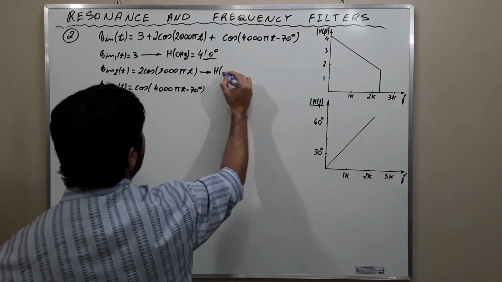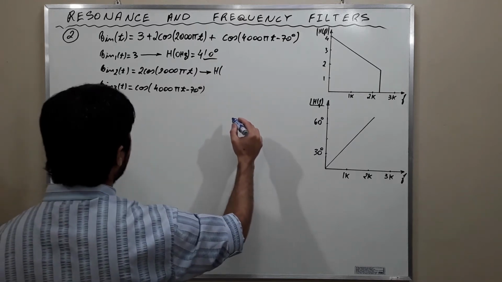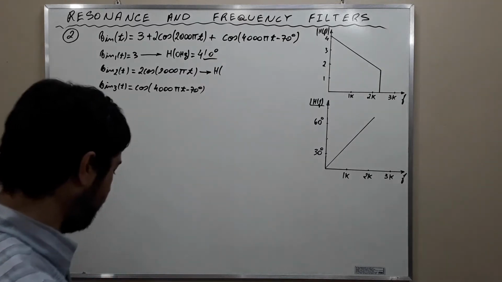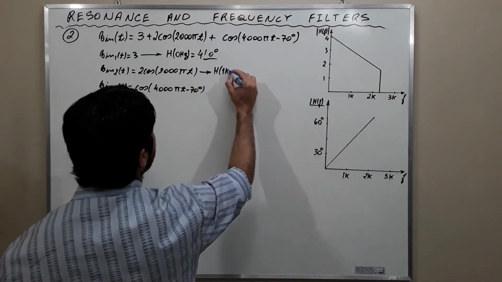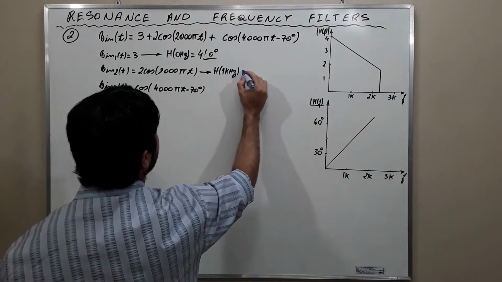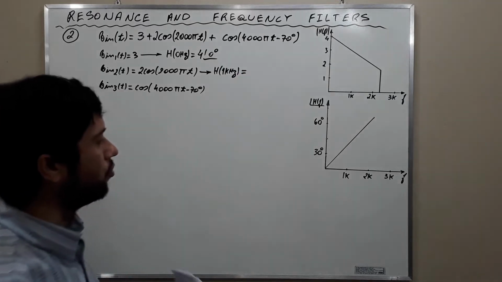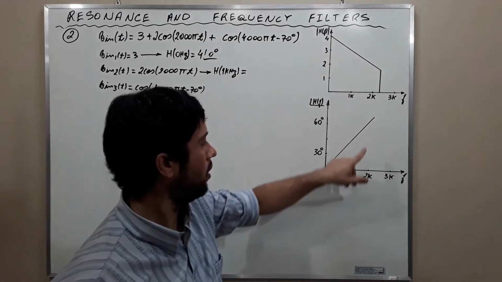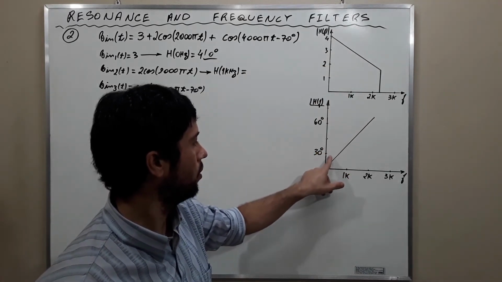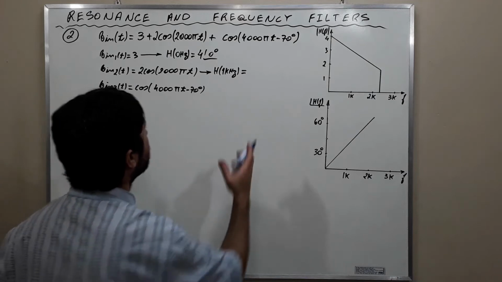Now let's do the same for the second component, whose frequency is 1 kilohertz. The magnitude for 1 kilohertz is 3 and the angle is 30 degrees.